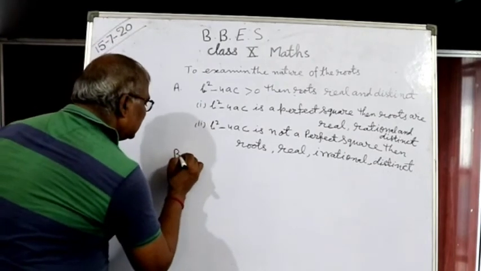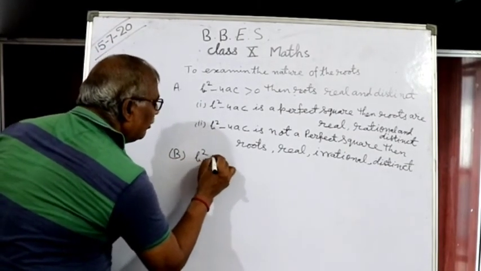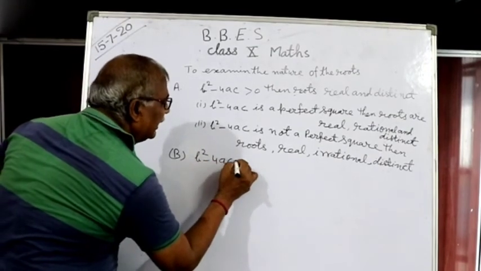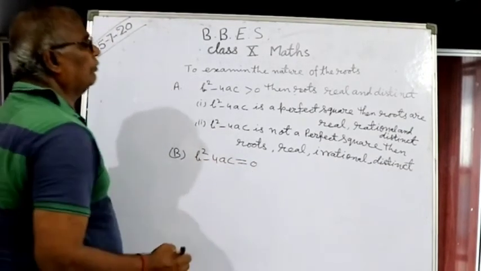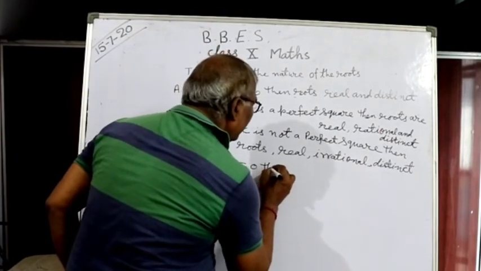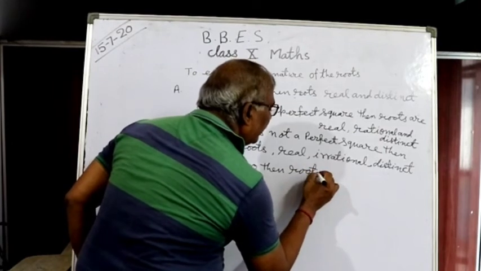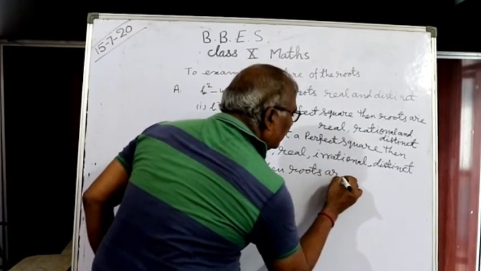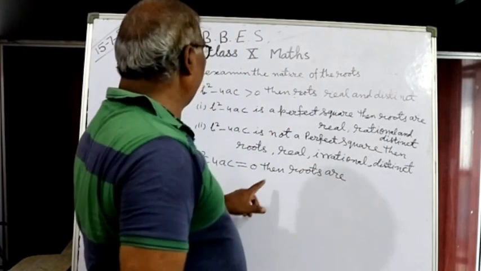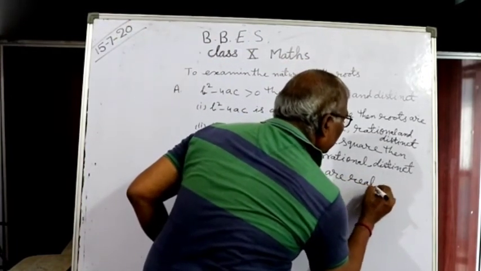Second case, if b square minus 4ac is equal to 0, then the roots are equal. Then the roots are real and equal.